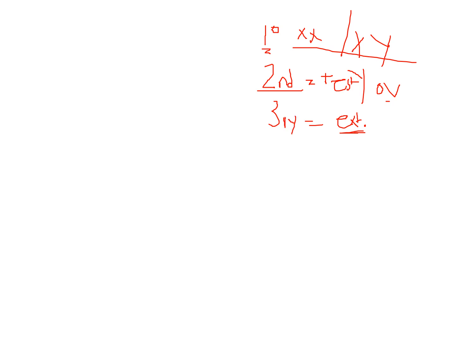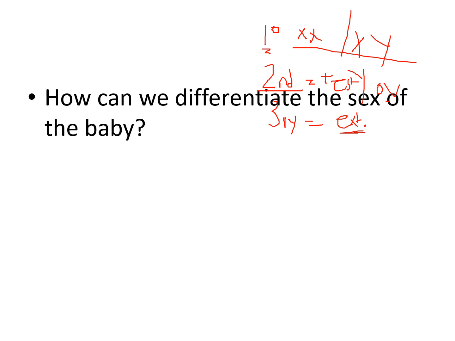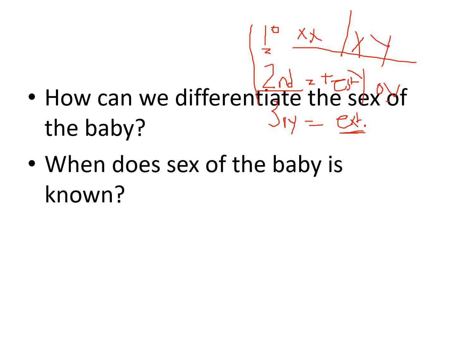Okay, so we have primary sex, secondary sex, tertiary sex. The primary is according to chromosomes, secondary according to gonads, tertiary according to external genitalia. So how can we differentiate the sex of the baby? It can be differentiated at 3 levels, the levels which we mentioned.